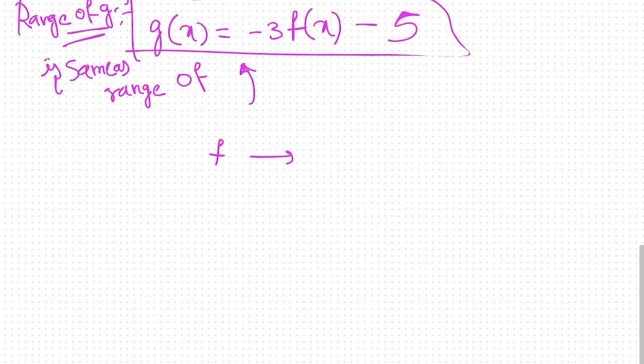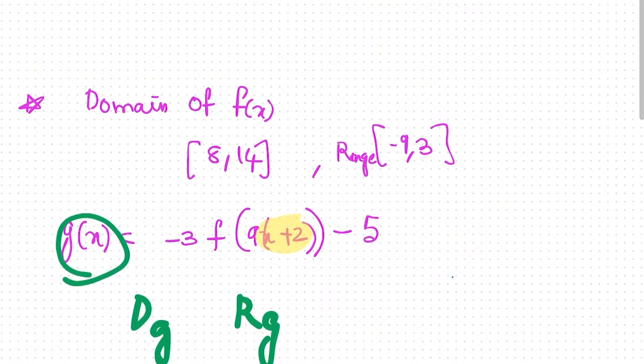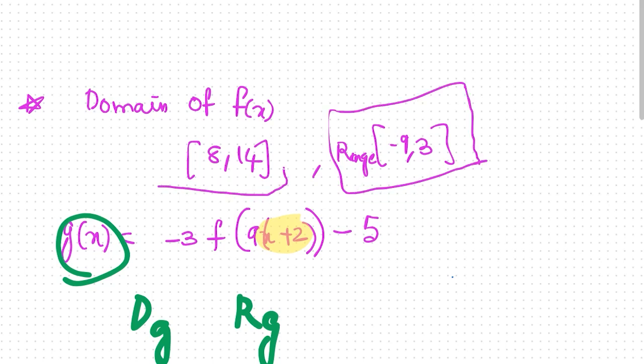It is given in the question. In the first line of the question, the range of f of x is given. Oh, negative 9 and 3. See, this is the domain of f, and this is the range of f. So output values of f vary from negative 9 to 3.